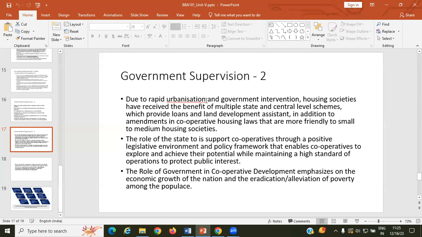You talk about housing, transport, any project. So government is indirectly helping people, indirectly helping different societies to uplift and elevate those sections of the society.